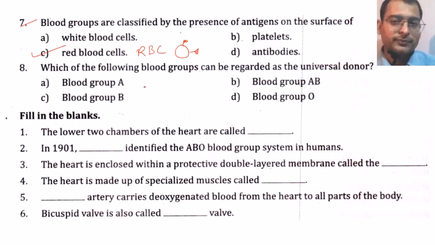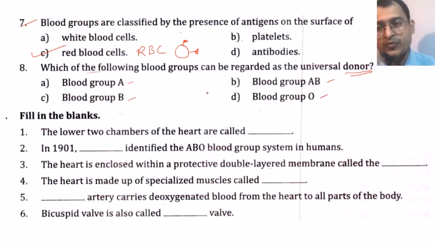Which of the following blood groups can be regarded as a universal donor? Group A, group AB, group B, or group O? Universal donor. O blood group is the universal donor.